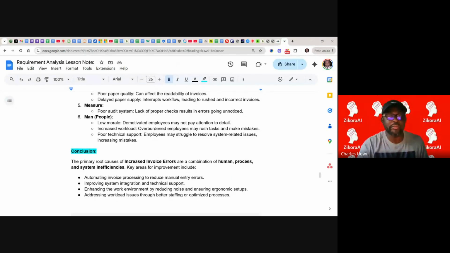Rearrange the work environment. If it is noisy, you can install noise-reduction installations. Addressing workload issues through better staffing or optimizing processes. You can find out that the team you are leading are all struggling. If you are a good project manager, you should know when your team is struggling. Serious delays.